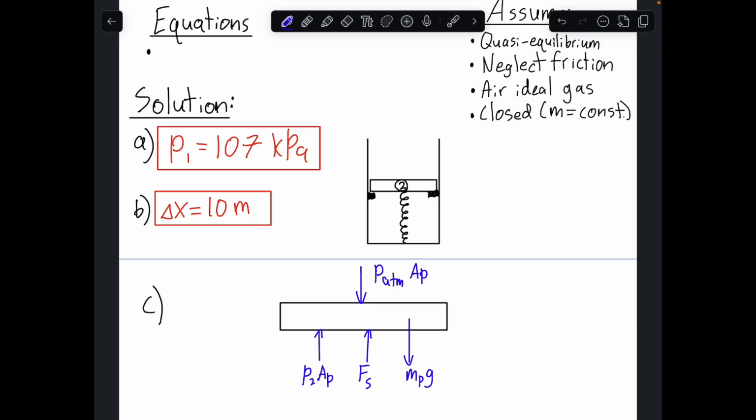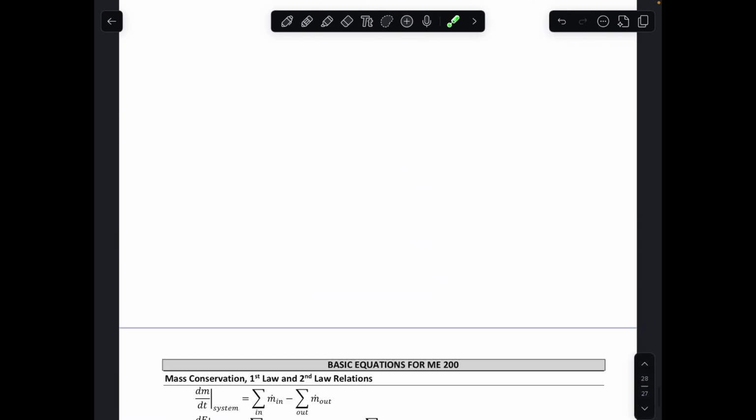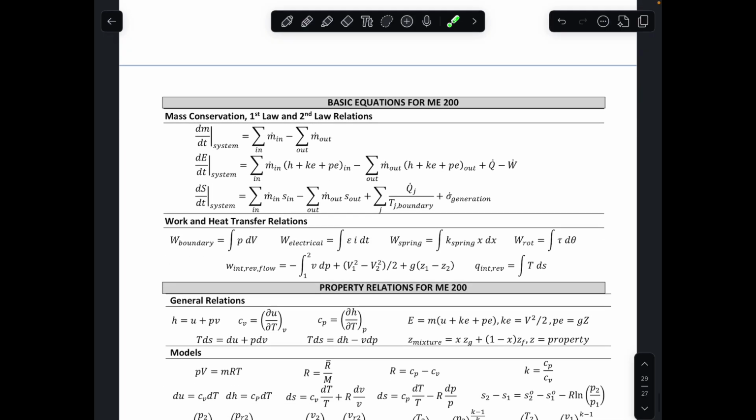And remember that our equation for spring force is just the spring constant, Ks, times X, or delta X. And if you ever forget this equation for some reason, it's not given explicitly in the equation sheet, but here we do have the equation for the work of the spring.